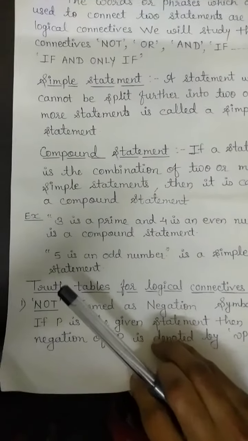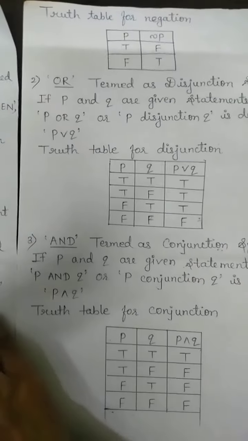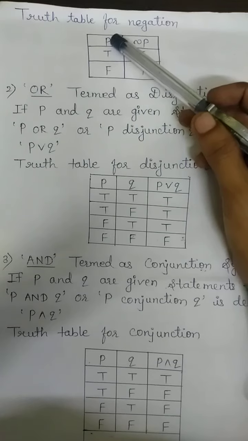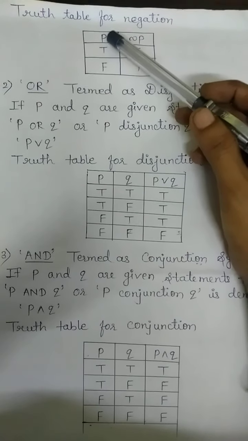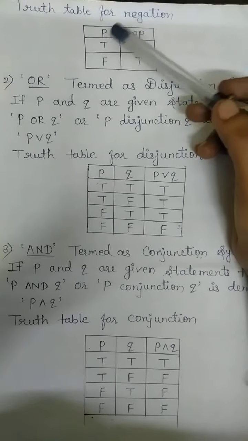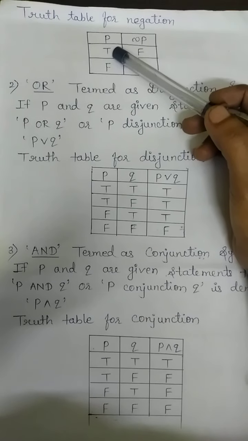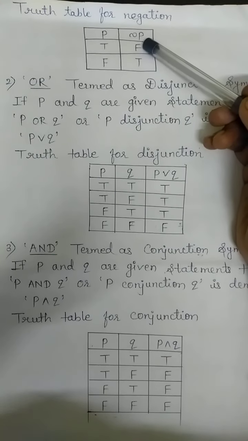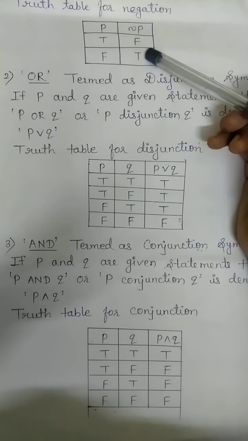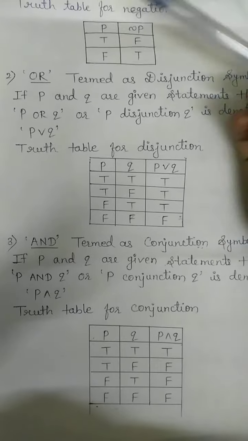Now truth table for negation. Since here we require only one statement that we consider as P, and this is negation of P. If the given statement is true, then negation will be false. If the given statement is false, then negation will be true.